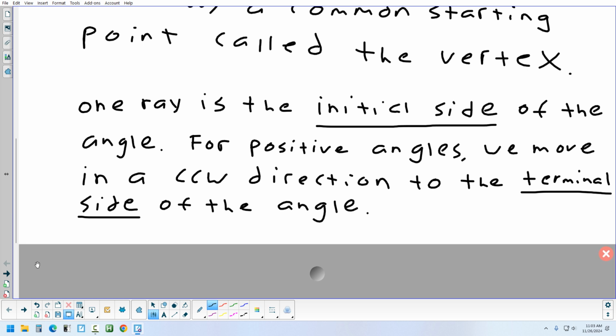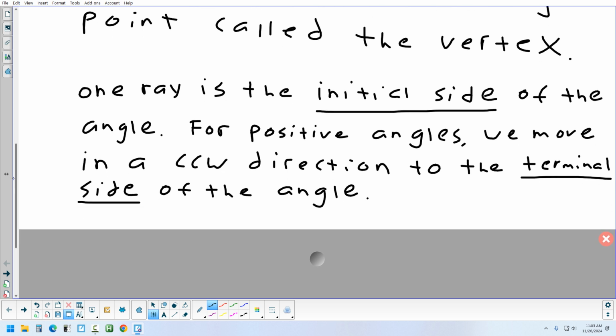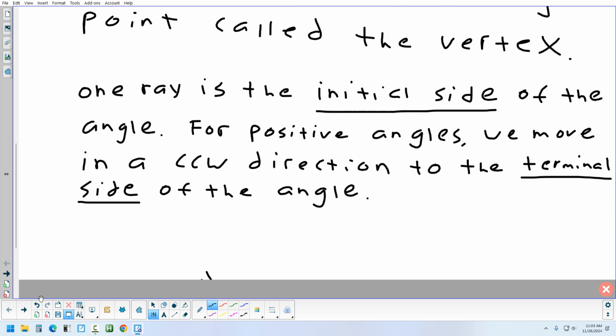The way you can figure out which side is which is, when you draw an angle, if you go between the two rays, so let's say you have something like this and like that, and you rotate counterclockwise, where you end is the terminal side. Where you start is the initial side.